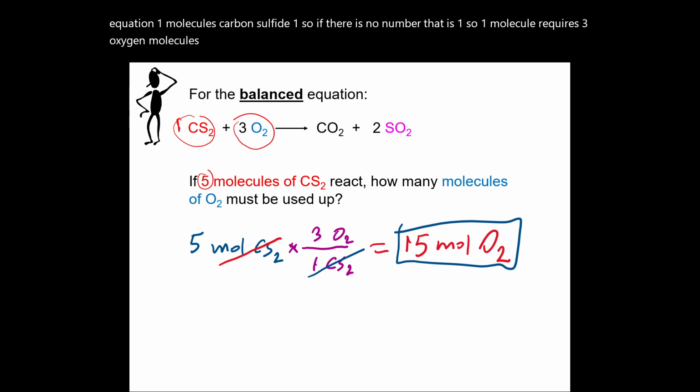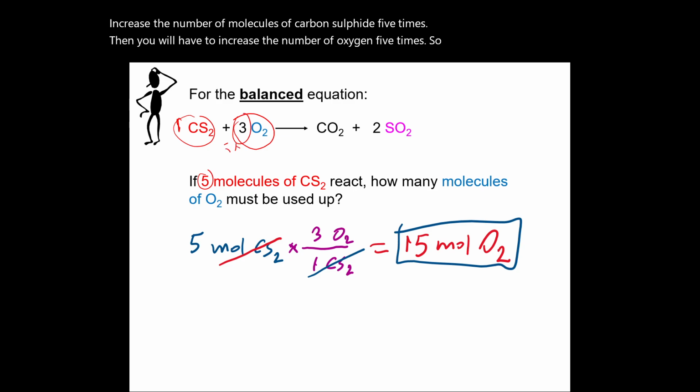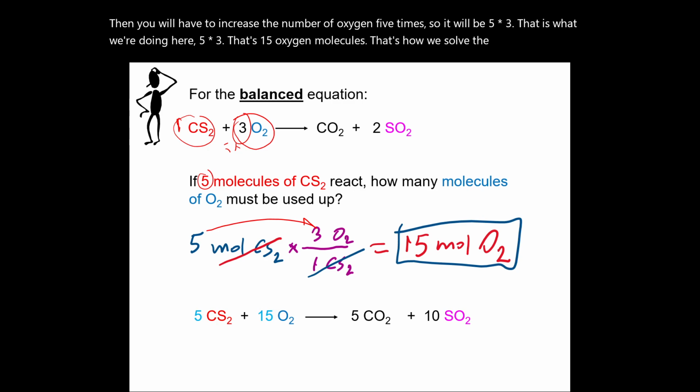Now, if you increase the number of molecules of carbon disulfide 5 times, then you have to increase the number of oxygen 5 times. So it will be 5 times 3, that's 15 oxygen molecules. That's how we solve the problem.